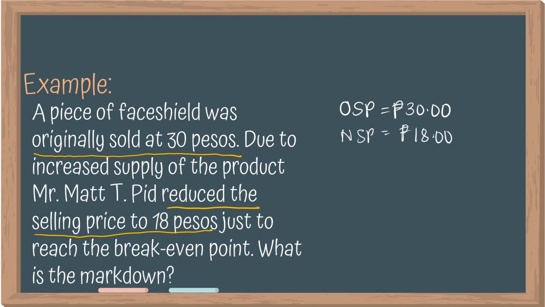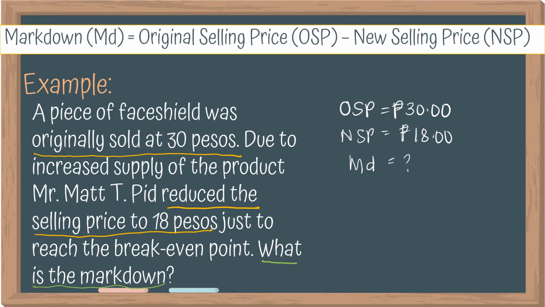And then looking at the question at the end of the problem, it says, what is the markdown? So for this one, we are solving for the markdown. So this is asked in the problem. So we know that the markdown can be obtained by getting the difference between the original selling price and the new selling price.